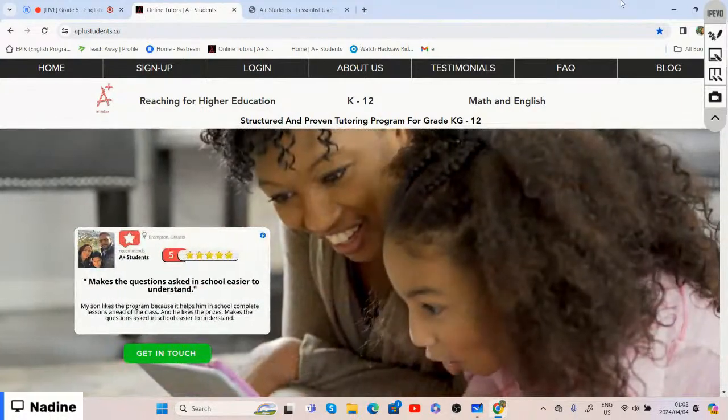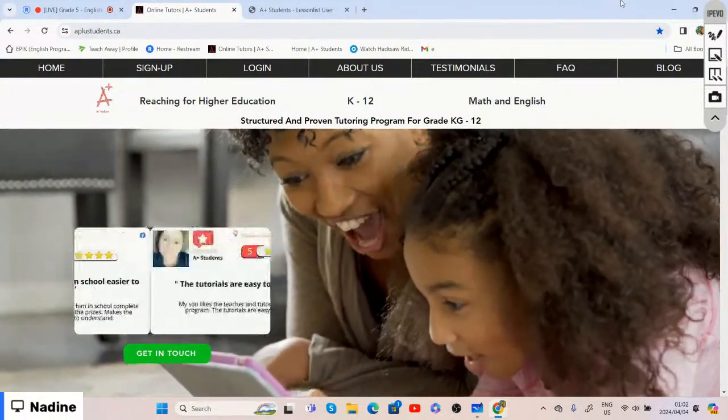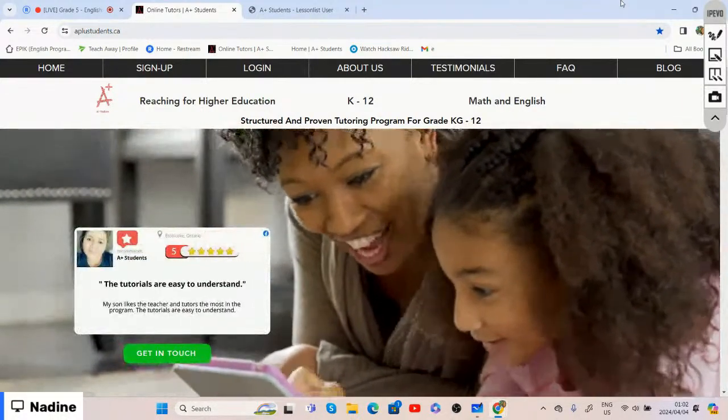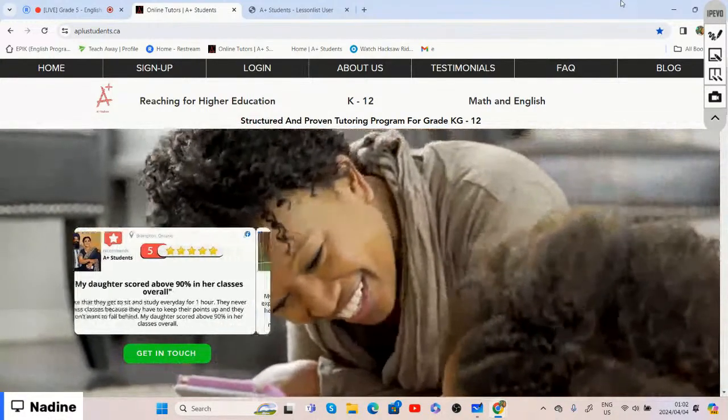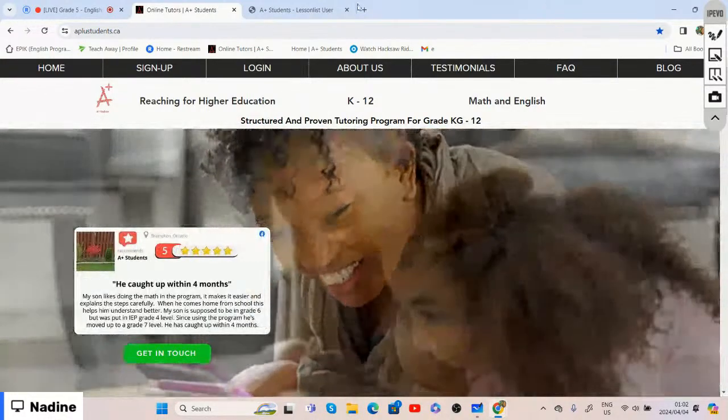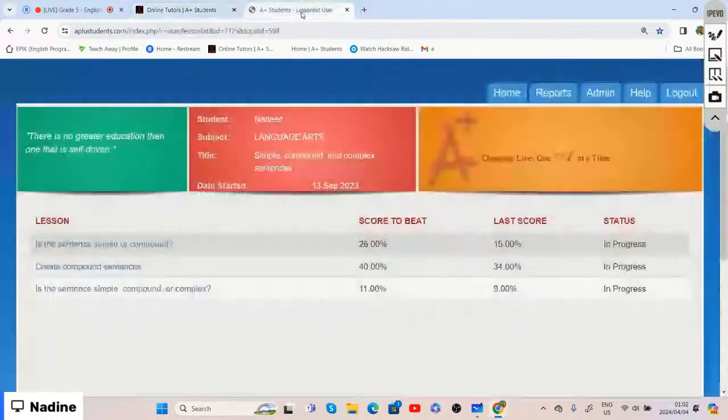Once we have selected it, we're going to scroll down until we get to the chapter of simple, compound, and complex sentences.